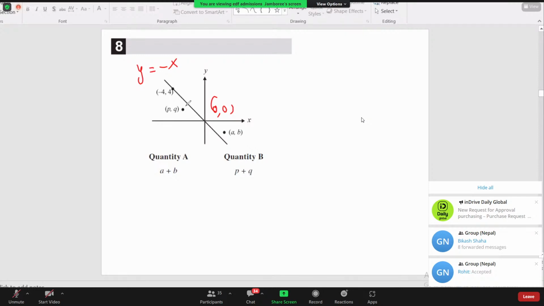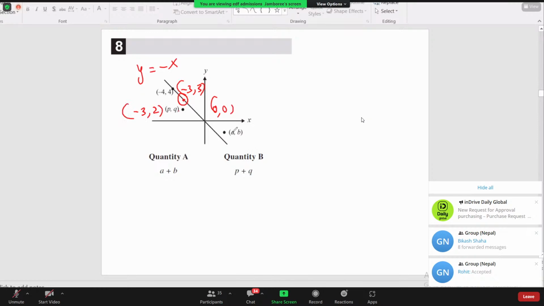So if I pick a point on this line, let's say if this is minus 4 comma 4, then this needs to be minus 3 comma 3. And this point lies below this line, so it should have x coordinate as minus 3 only, and let's say y coordinate is 2.